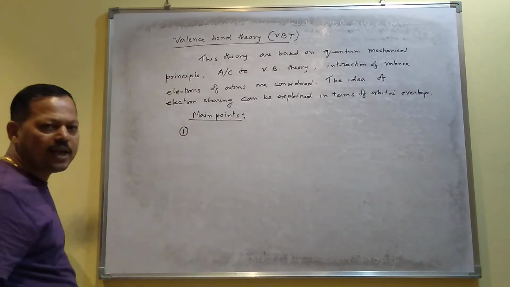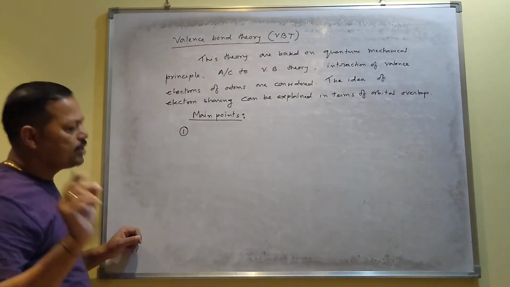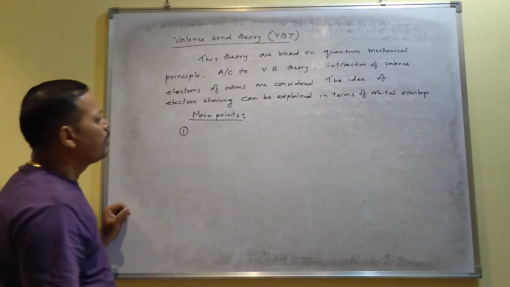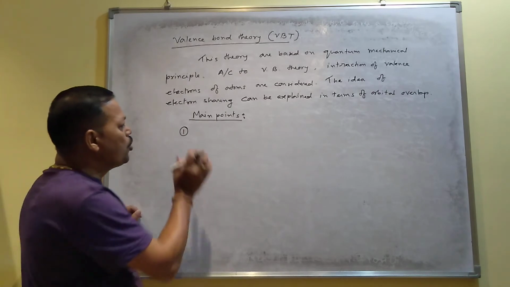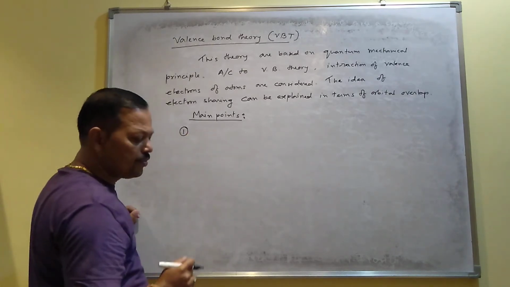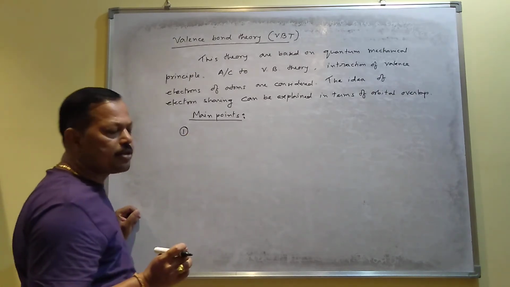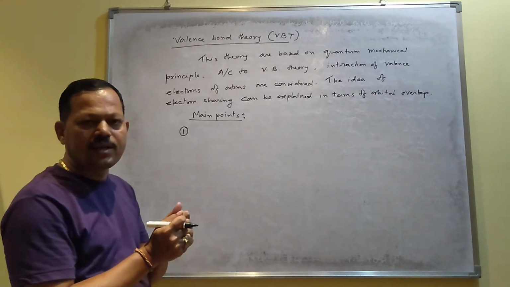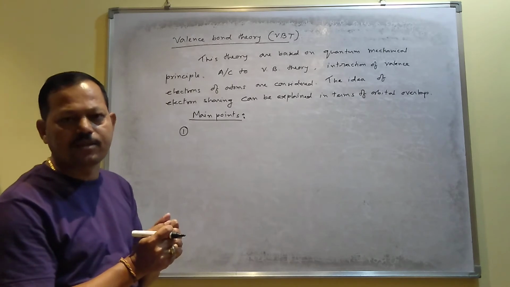Point number 1, I will tell you the point just to remember it. The first point: when a covalent bond is formed between two atoms, overlapping of half-filled atomic orbitals takes place between two adjacent atoms.